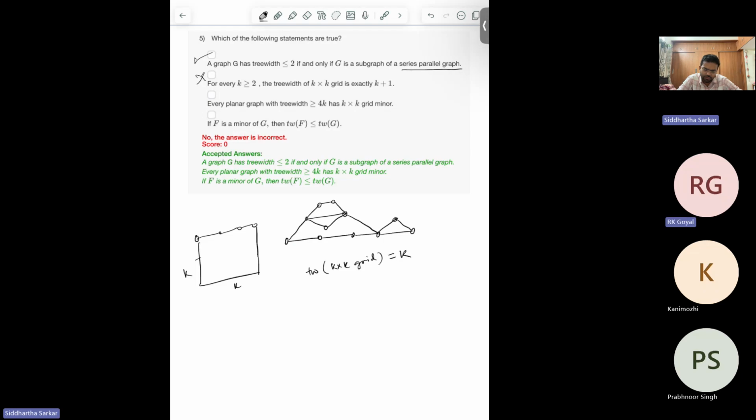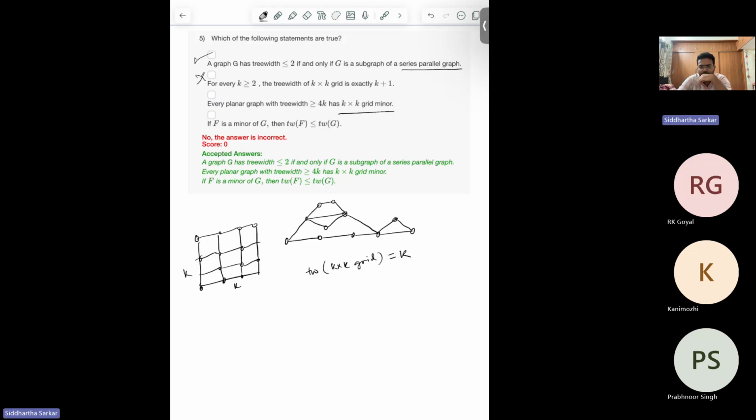Now, every planar graph with tree width greater than or equal to 4k has a k cross k grid minor. Remember that the grid graph is also a planar graph. It is possible to draw it on the plane without the edges intersecting each other, except at the endpoints.